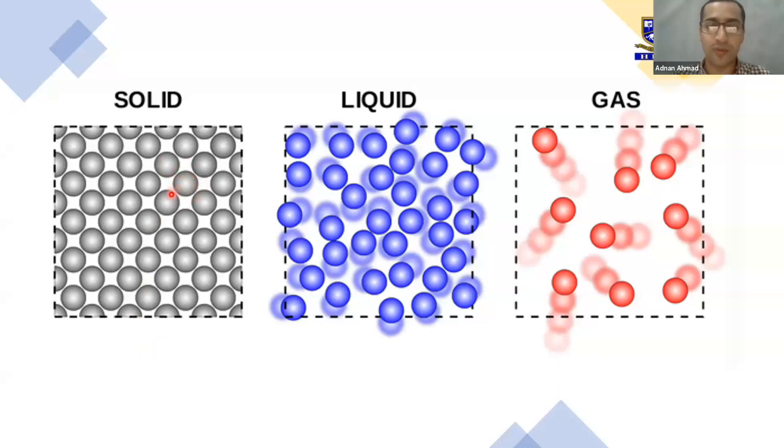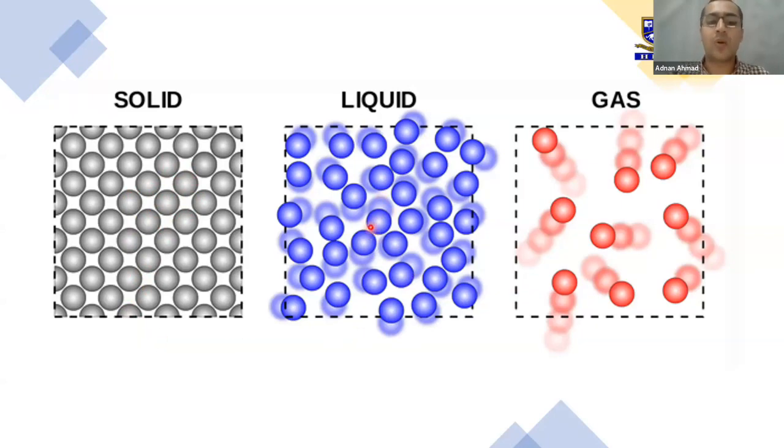They cannot move, right? So this atom or this molecule cannot move because it is surrounded by other atoms. It does not have enough space where it can move, right? That is why solids will not have any kinetic energy. Why? Because the molecules in solids cannot move, right?